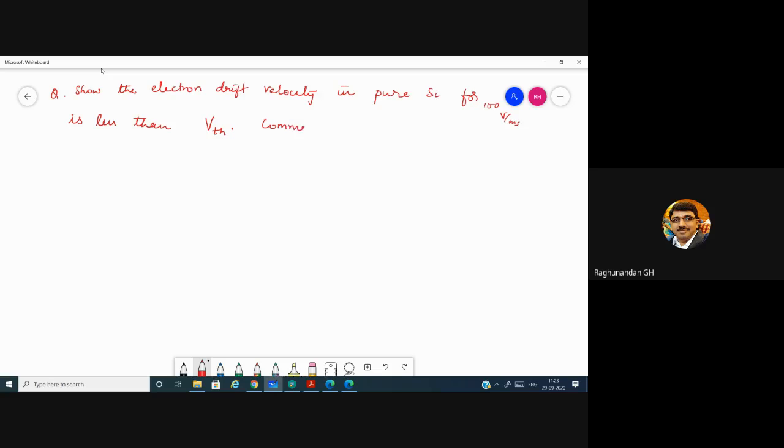Comment on the electron drift velocity for 10 to the power of 4 volt per meter second.